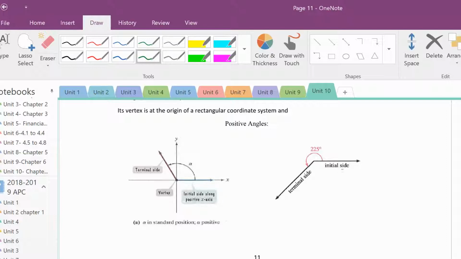So there's two sides. The initial side is the side that is fixed along the positive x-axis, and the terminal side is the side that rotates.